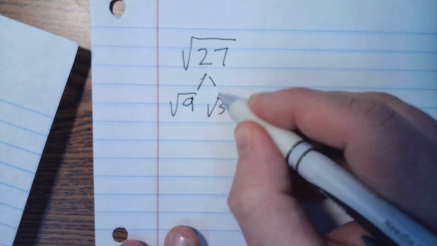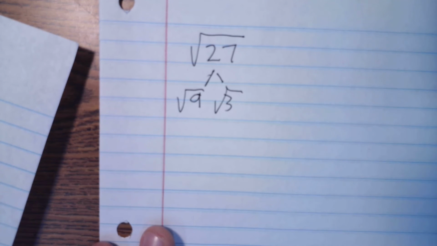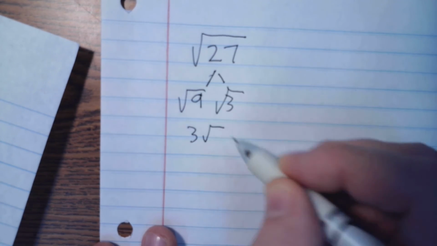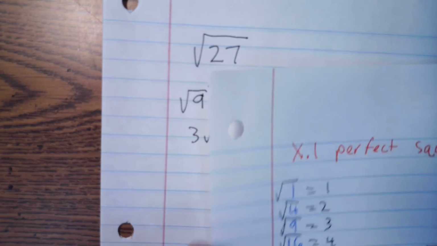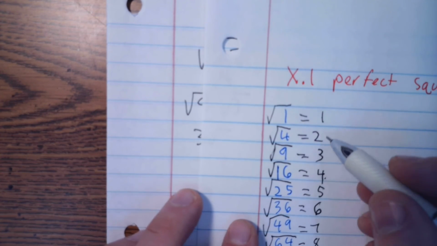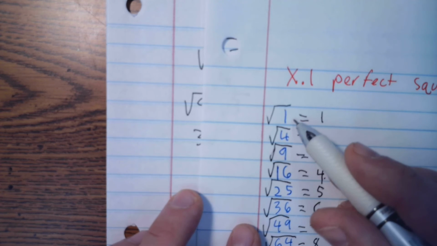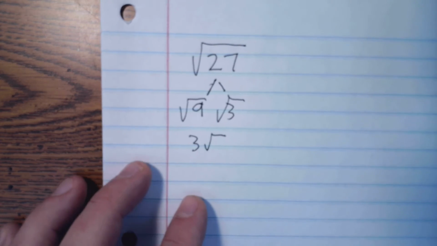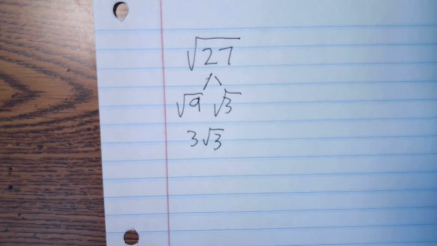All right. What is the square root of 9? And I can't divide 3 by anything right here, can I? I can divide it by 1, but does that help me ever? Okay, there we go. It's simplified.